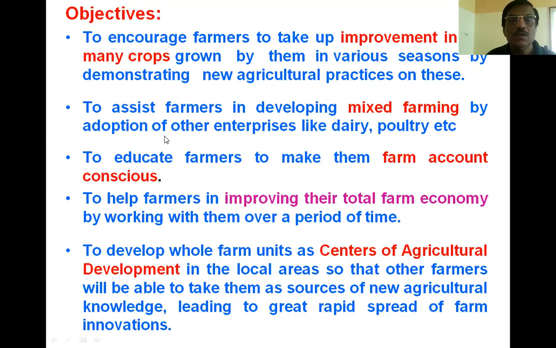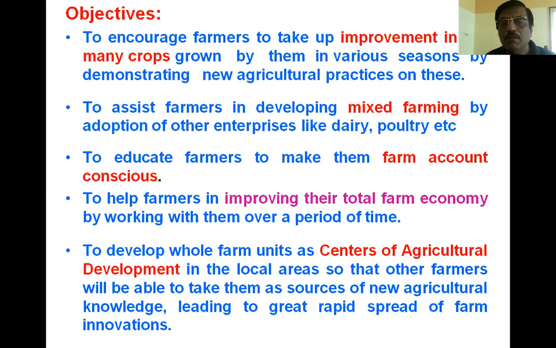To assist the farmers in developing mixed farming, that is, assisting the farmers to go for diversification by adopting other enterprises like dairy, poultry, etc., in addition to crop enterprises. Thereby you can use the byproduct of one enterprise in another.